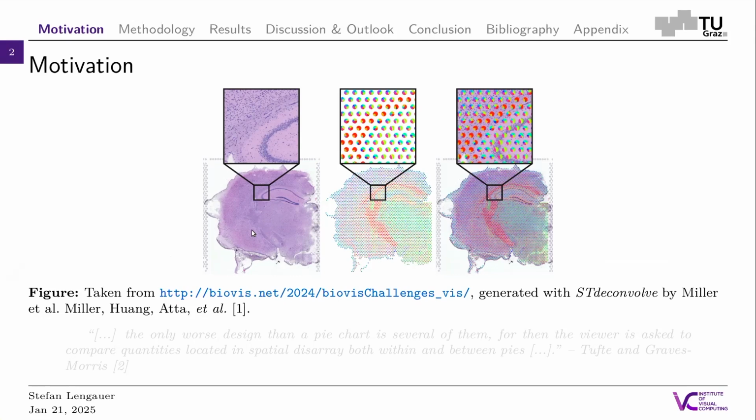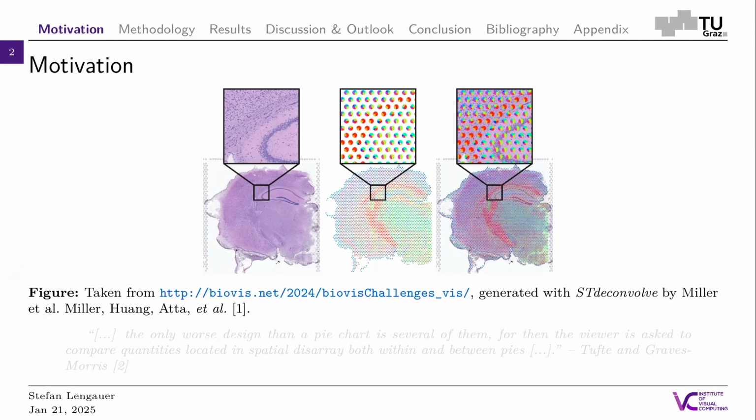So for the challenge, the cell types which we use have been obtained with the so-called ST-deconvolve by Miller et al. And each spot, or pixel as we call them, consists of both the proportional relations describing the prevalence of different cell types, as well as a location in the spatial domain. Here in this example, they are represented by pie charts. But as you can instantly see, there are some shortcomings in this technique.